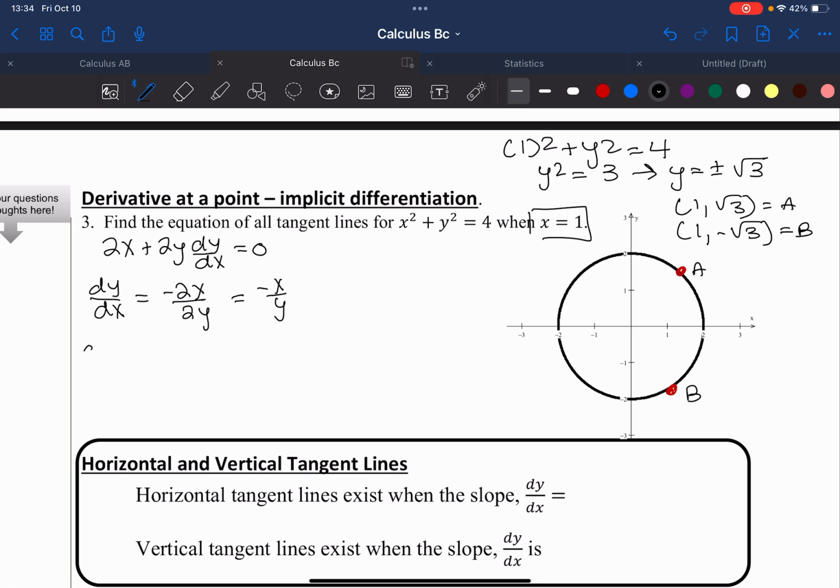So this is going to be dy/dx in terms of A, which is going to give us negative 1 over the square root of 3, and then dy/dx in terms of B, which would give us positive 1 over the square root of 3, which means I can write my 2 tangent lines. So I have y minus 1, so I'm doing the one for A first, is equal to negative 1 over the square root of 3 times, oops, I made a little mistake here.